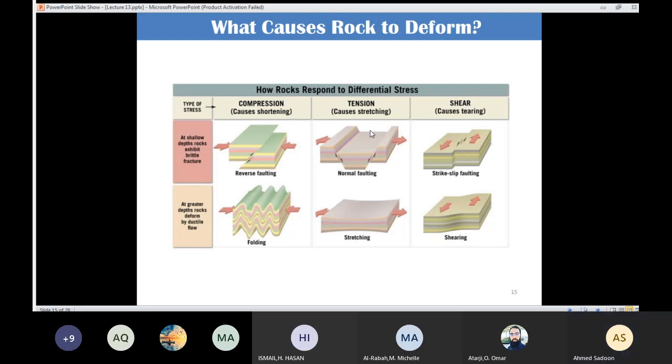If the rock is subjected to tensional stress and it's brittle, then also I'm going to have fracture like this one with relative movement. If it's ductile, then I'm going to have stretching like this one. Did you understand the idea here? Did I answer your question?